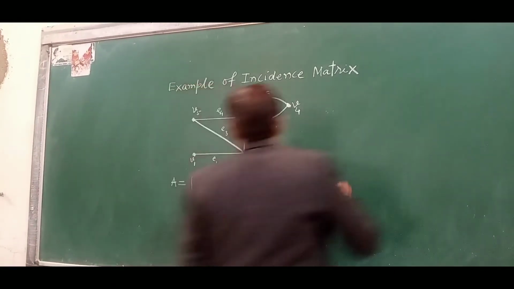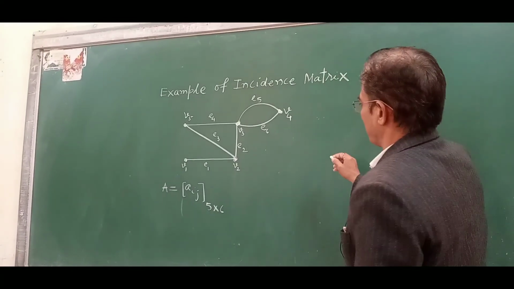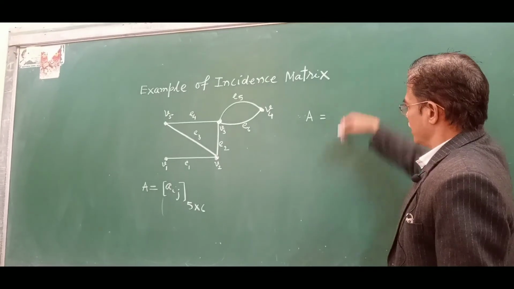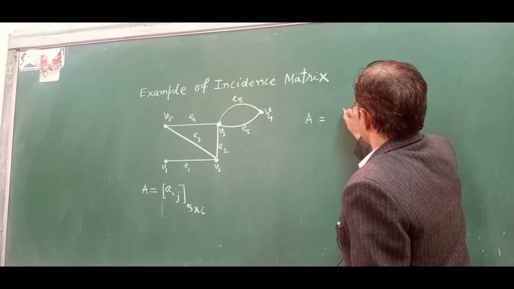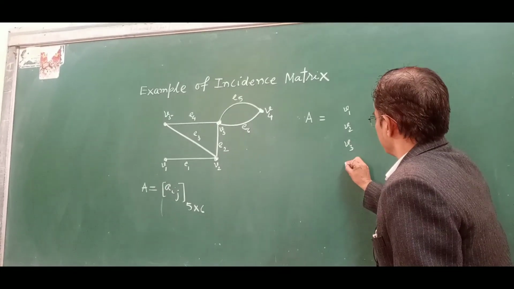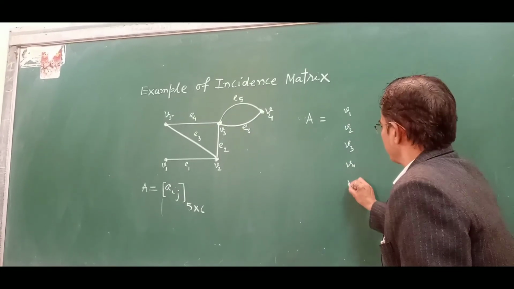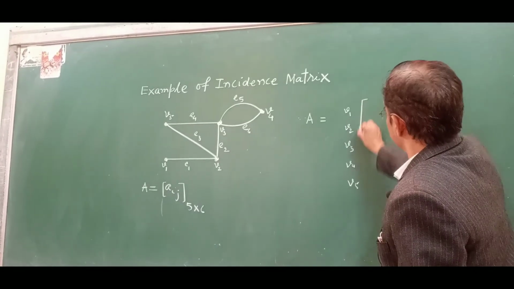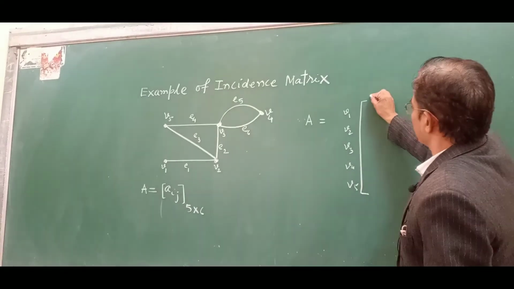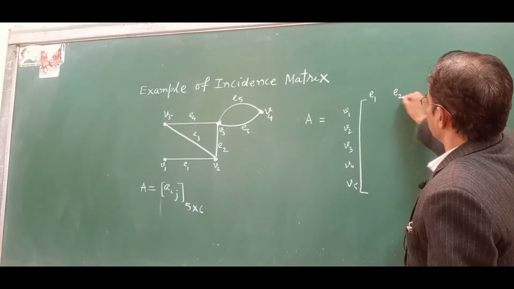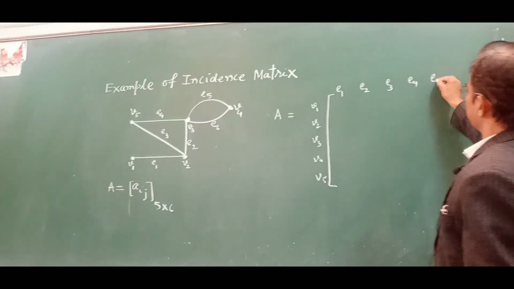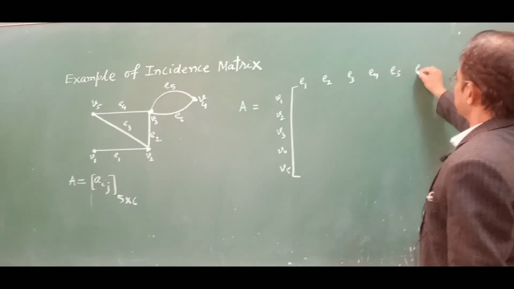So here the matrix is given by A equal to, first we write the vertices V1, V2, V3, V4, V5, and here the edges E1, E2, E3, E4, E5, E6.